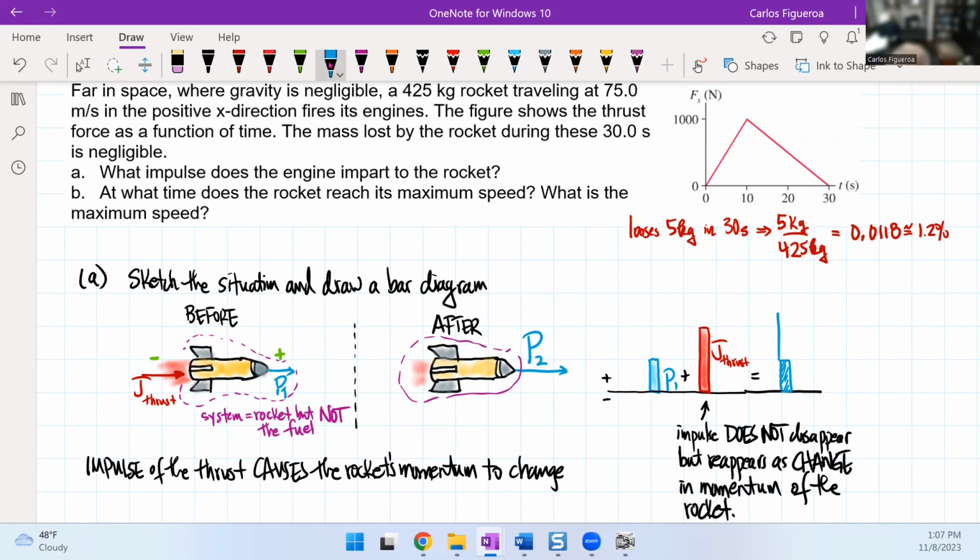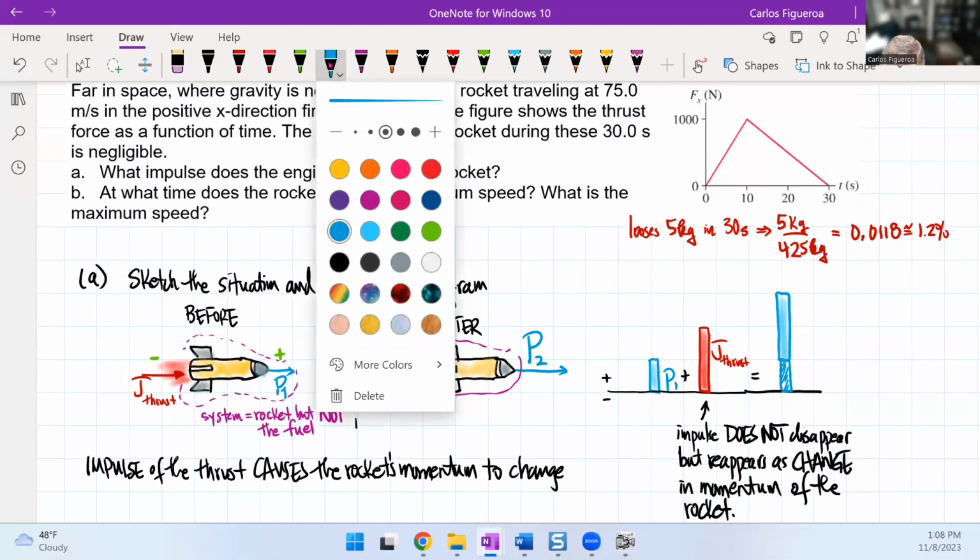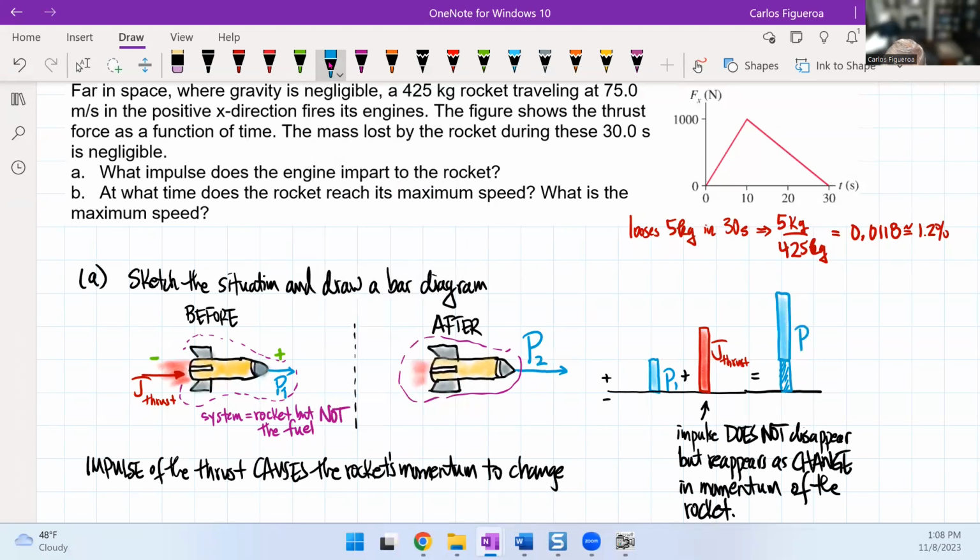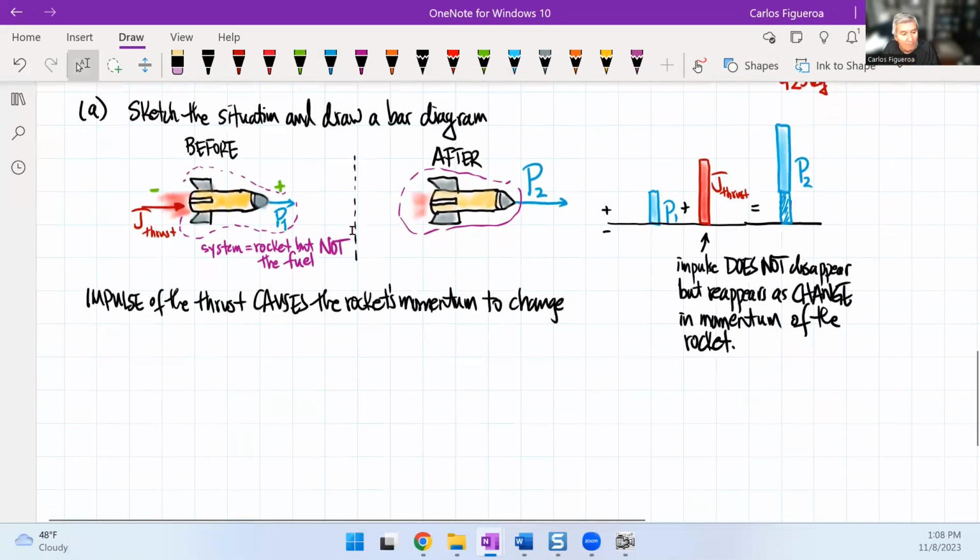So this increases the momentum by exactly the same amount of the thrust. Therefore, this guy is going to be P2. This is our mathematical equation. Okay, so now that I have a picture of what's happening with the rocket, I can go calculate A.